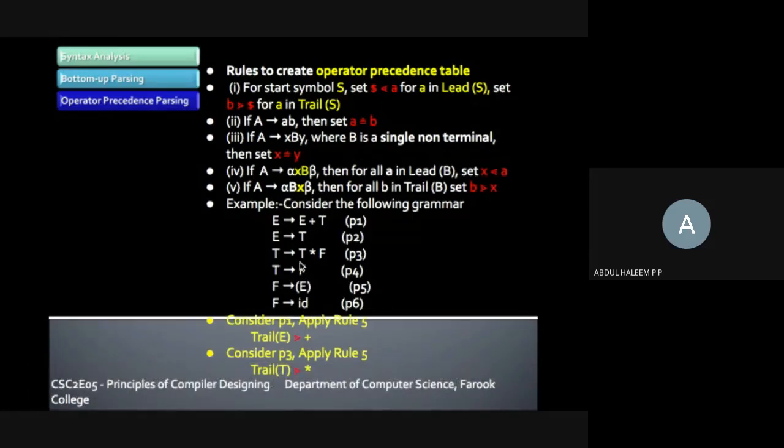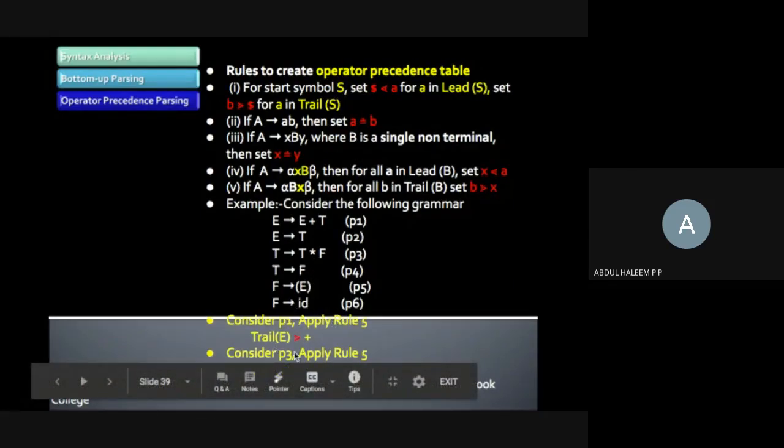Similarly, you can apply it on P3. P3 is of Bx format, B is T, and X is star. So Bx is T star. Now trail of B is trail of T. Trail of T is greater than X. X is star. Hence, we have this trail relationship.